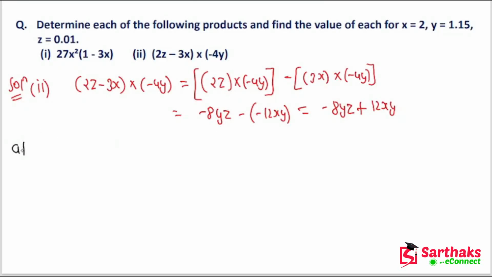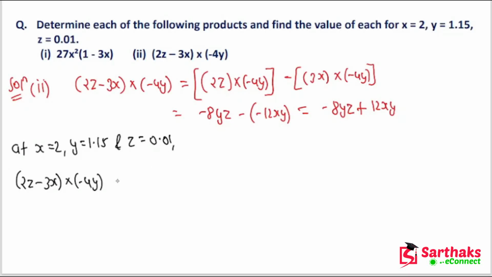Now we actually have to find the value. At x equals to 2, y is equals to 1.15 and z is equals to 0.01, this product, that is 2z minus 3x into minus 4y. You can put the value in the LHS or RHS, but I find LHS to be a bit easier, so let us calculate it that way.